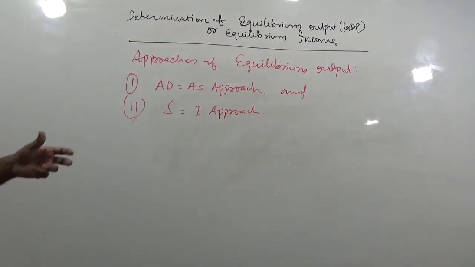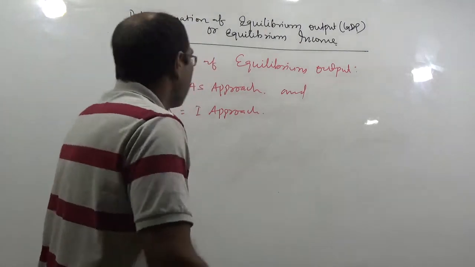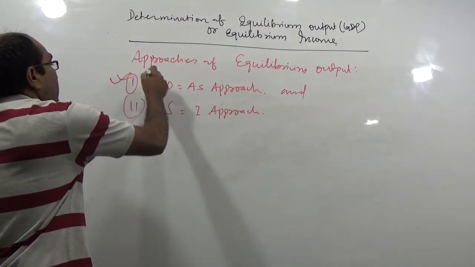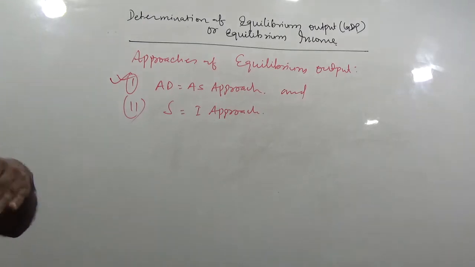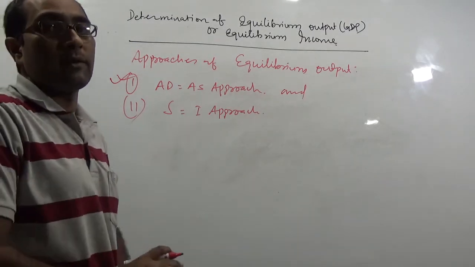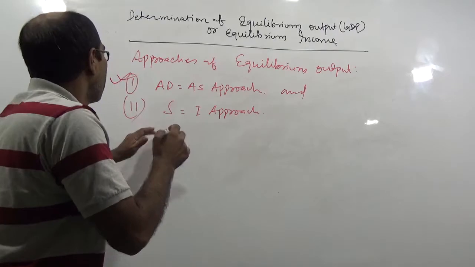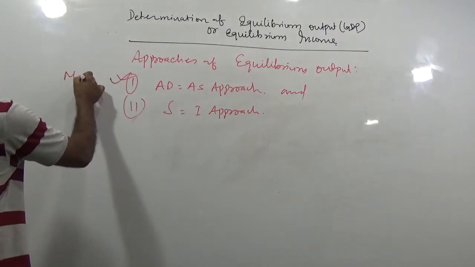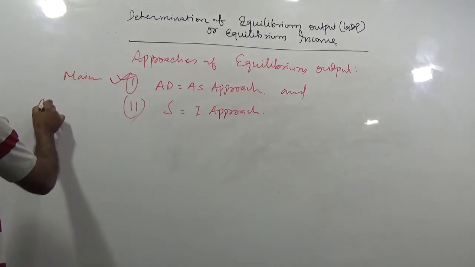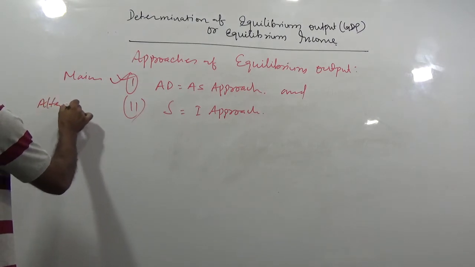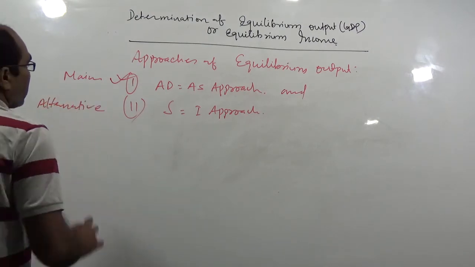Between the two, you must remember that the first approach, that is the AD equal AS approach, is the main approach of equilibrium. And the second is the alternative approach.